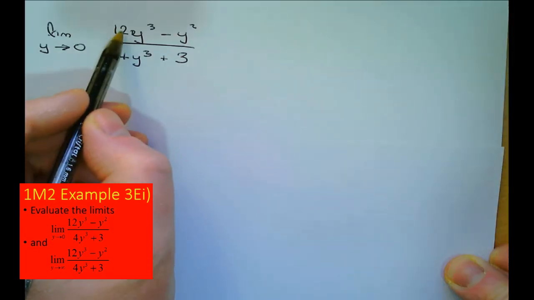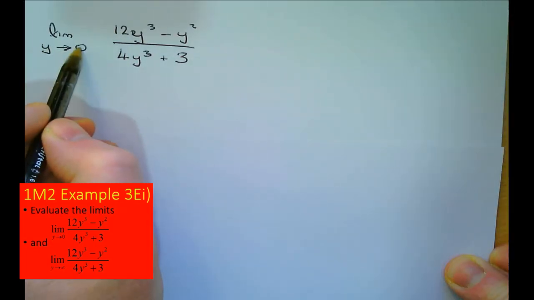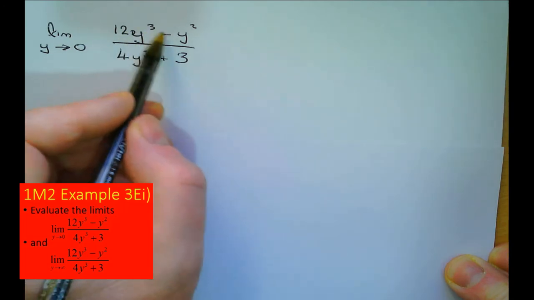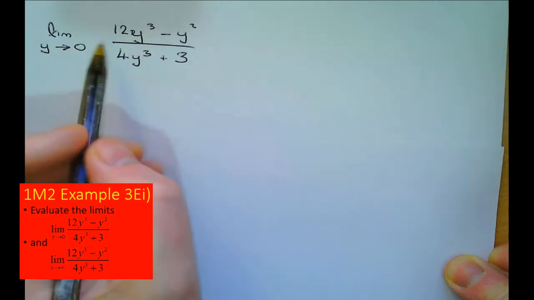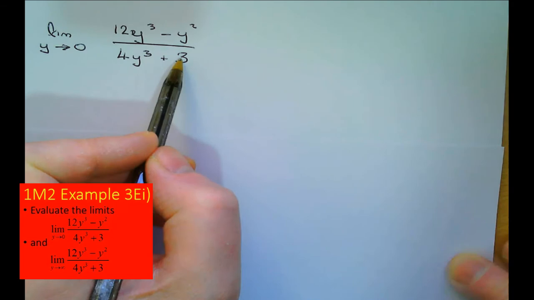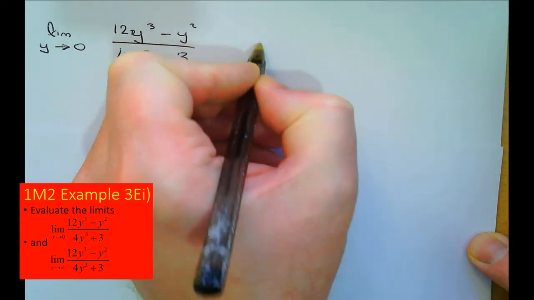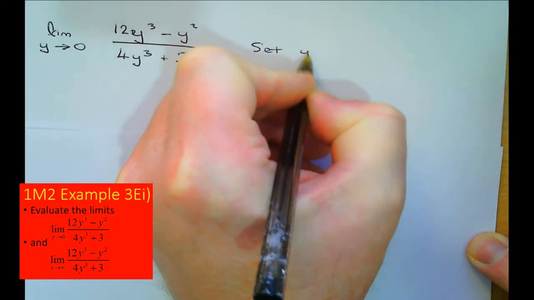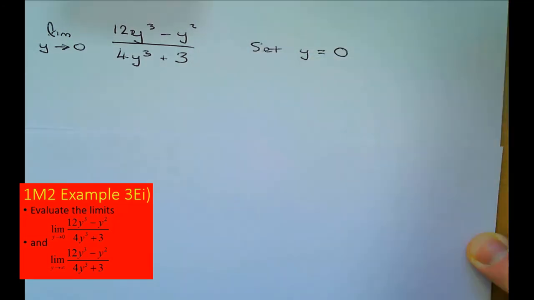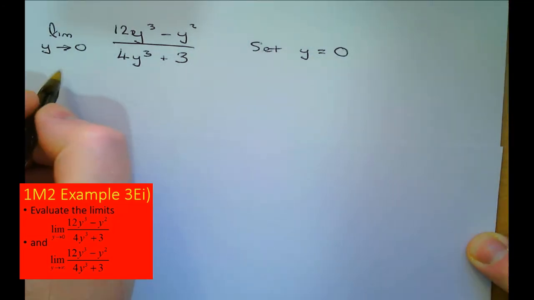So let's see a couple of limits here. It's the same expression, and we're going to 0, we're going to infinity. So here's our limit. Y is tending to 0, 12y cubed minus y squared over 4y cubed plus 3. Well, if we set y to be equal to 0, let's see what happens to the limit.